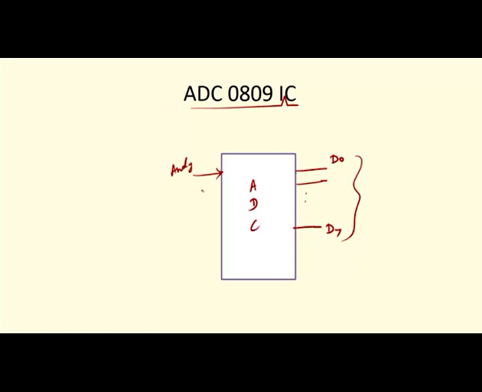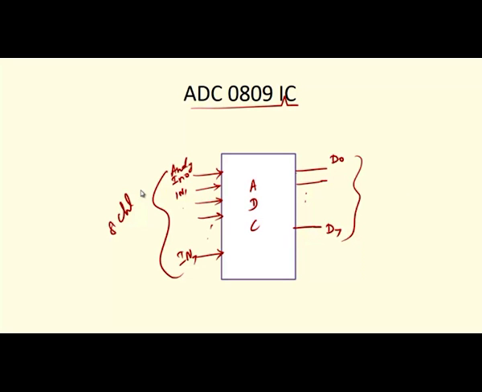In this IC, it has the facility of 8 channels, named IN0, IN1 up to IN7. So, instead of a single channel, it has 8 channels.